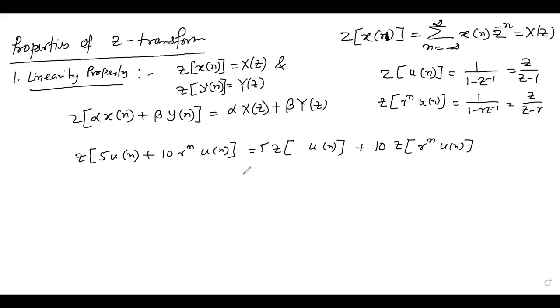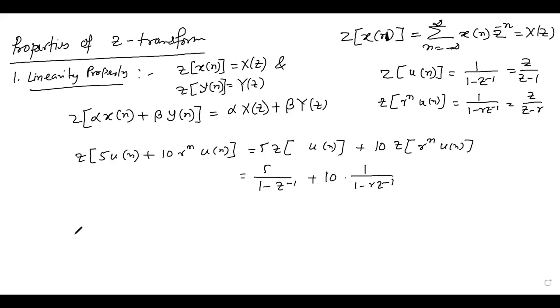Now you know the Z transform of u[n] is 1 by 1 minus z inverse, and the Z transform of r^n u[n] is 1 by 1 minus r z inverse. So this is called the linearity property.